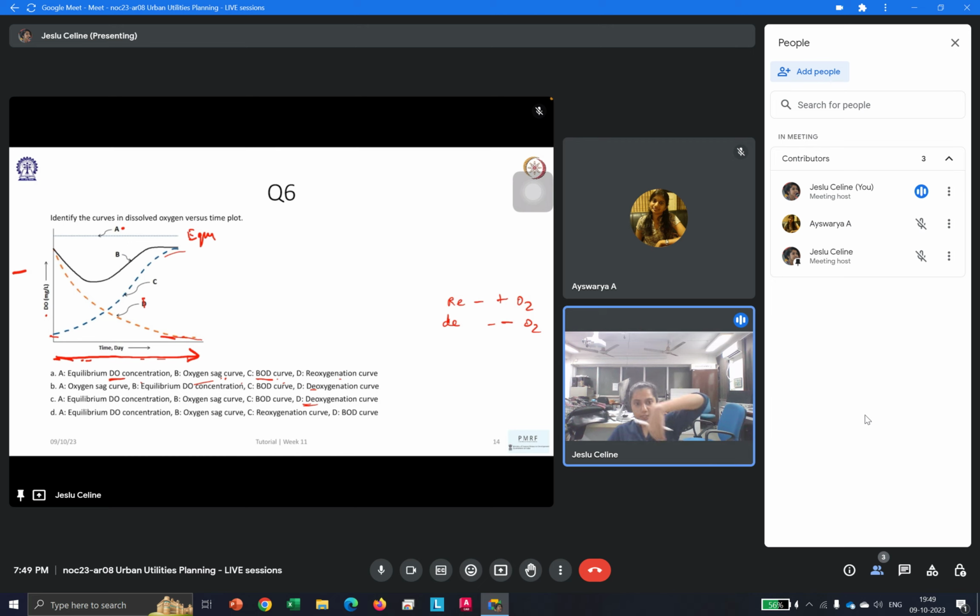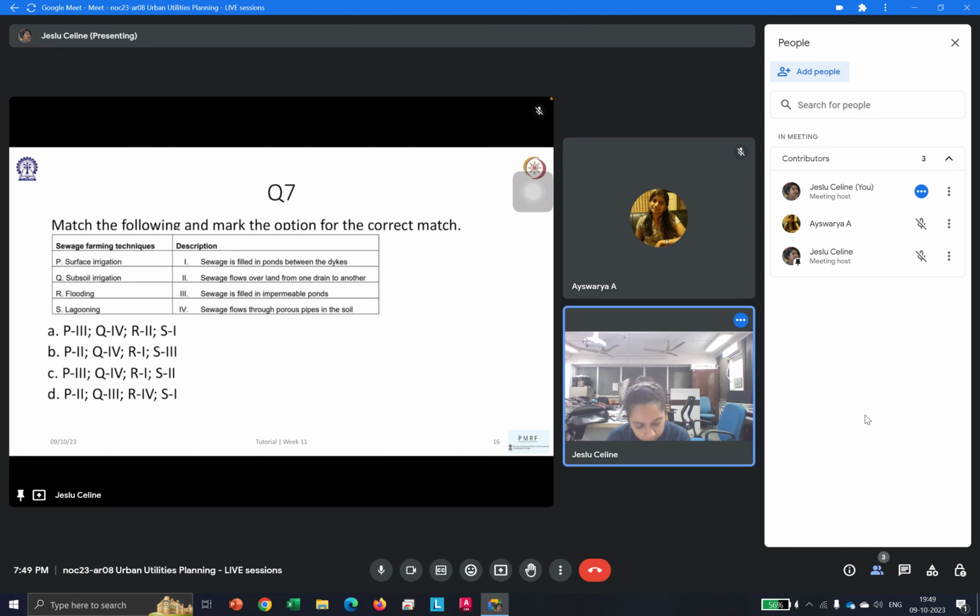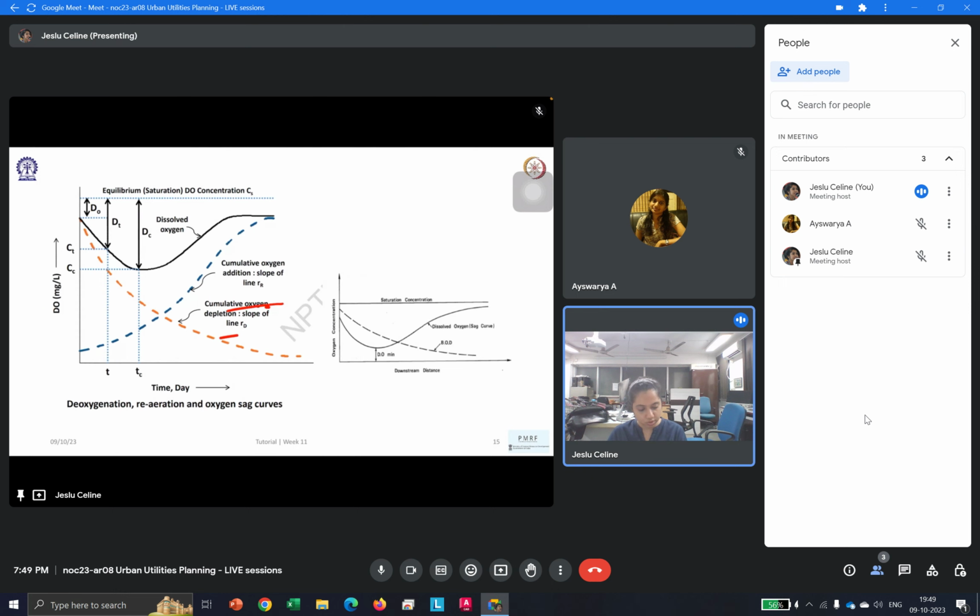The BOD value is reducing over here. It is the oxygen depletion which is there, but it is the BOD. Mainly the BOD curve talks about the demand reducing. So it is the BOD curve. You were right. Sorry.